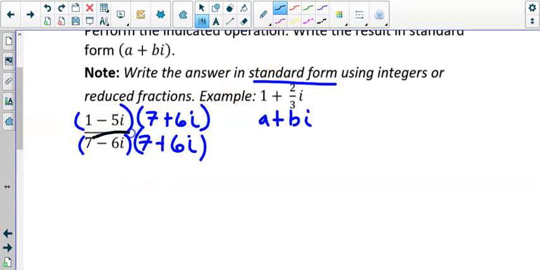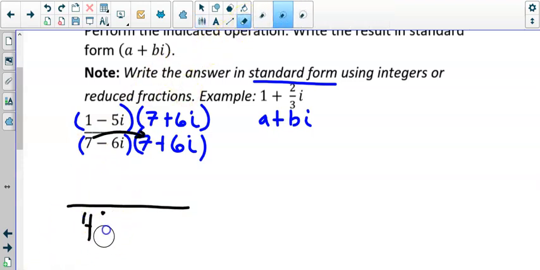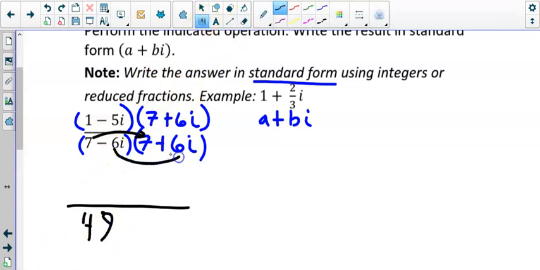So what is 7 times 7? 49. What is negative 6i times positive 6i? Negative 36i squared. And now if you remember back in that video that I made on complex numbers, i squared really represents what? A negative 1. So anytime you have an i squared, I need you to go back in and change it to a negative 1.